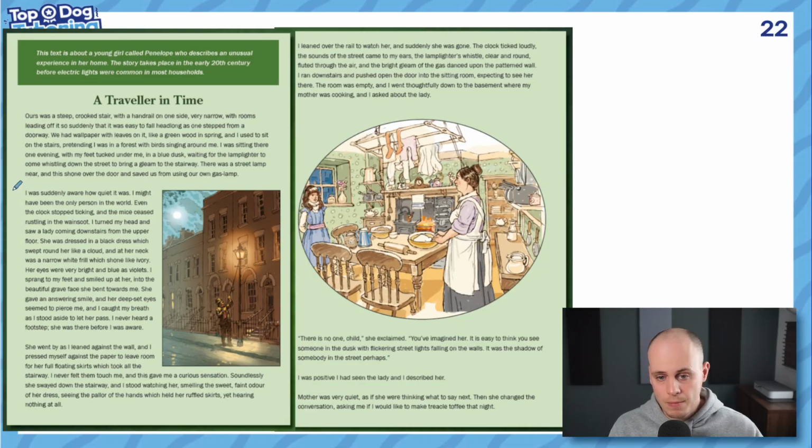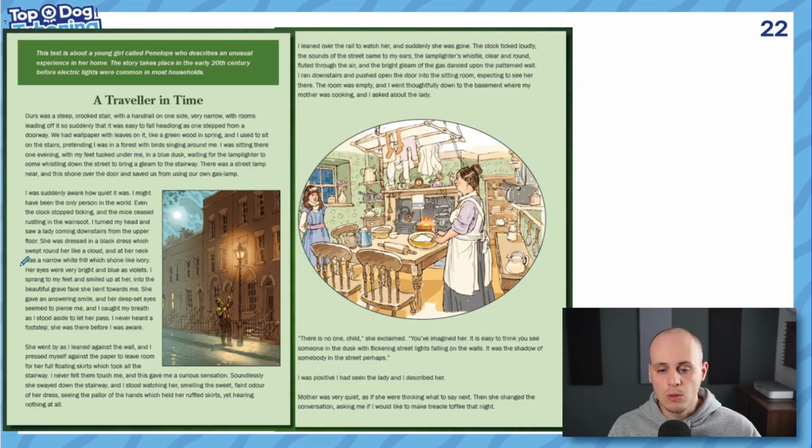Let's keep reading. I was suddenly aware how quiet it was. I might have been the only person in the world. Even the clock stopped ticking, and the mice ceased rustling in the wainscot. I turned my head and saw a lady coming downstairs from the upper floor. She was dressed in a black dress which swept around her like a cloud, and at her neck was a narrow white frill which shone like ivory.